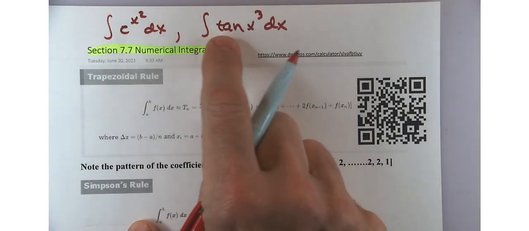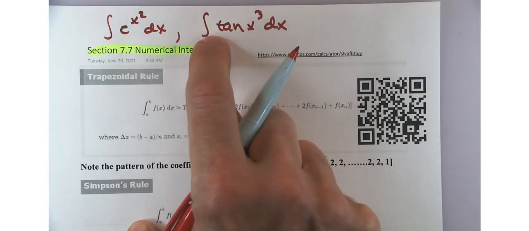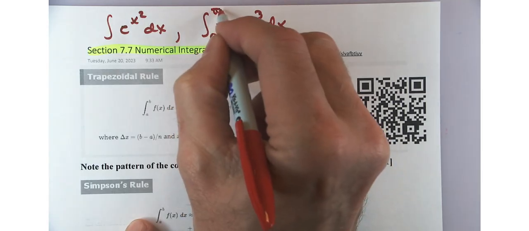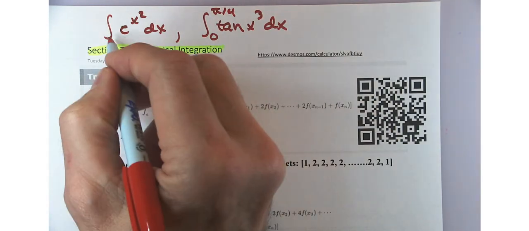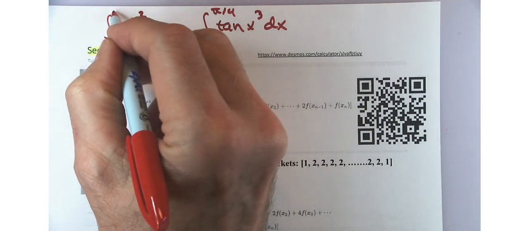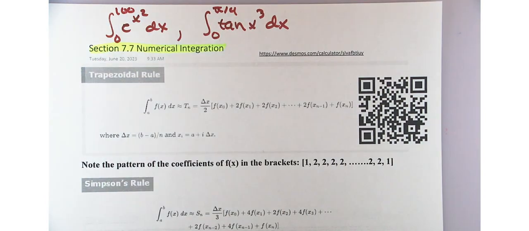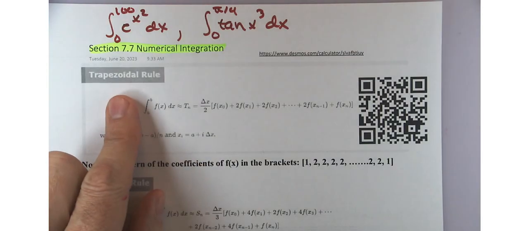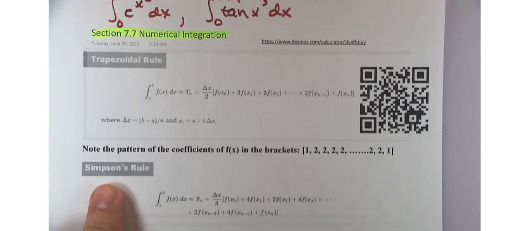If I wanted to find an integral, say, between 0 and pi over 4, or 0 and 100, what do we do? Well, there's a couple different approaches. One of them is called the trapezoid rule, and the other one is called Simpson's rule.